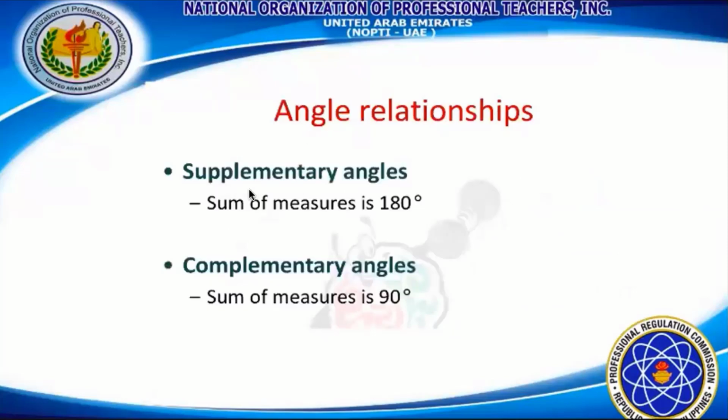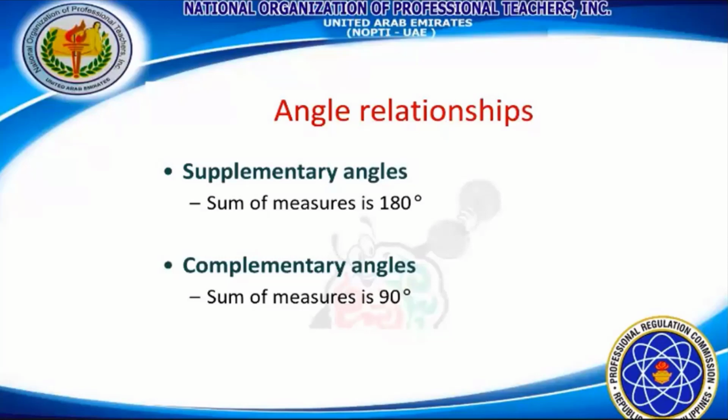Angle relationship, supplementary angles. Sum of measures is 180. And then sum of the measures is 90 degrees kung siya ay complementary angles. Nagko-complement, kumbaga, yung angles. Kung when you add their angles, dapat ang measurement niya ay 90 degrees.